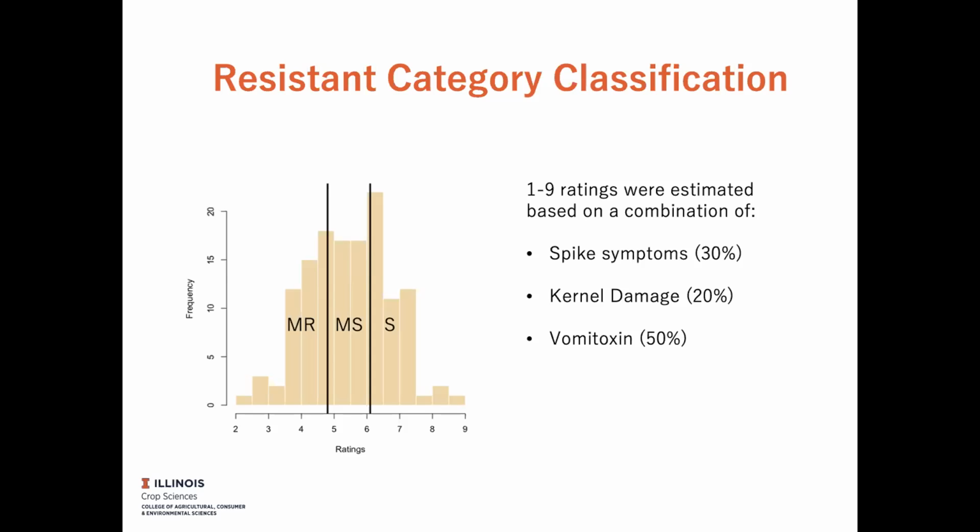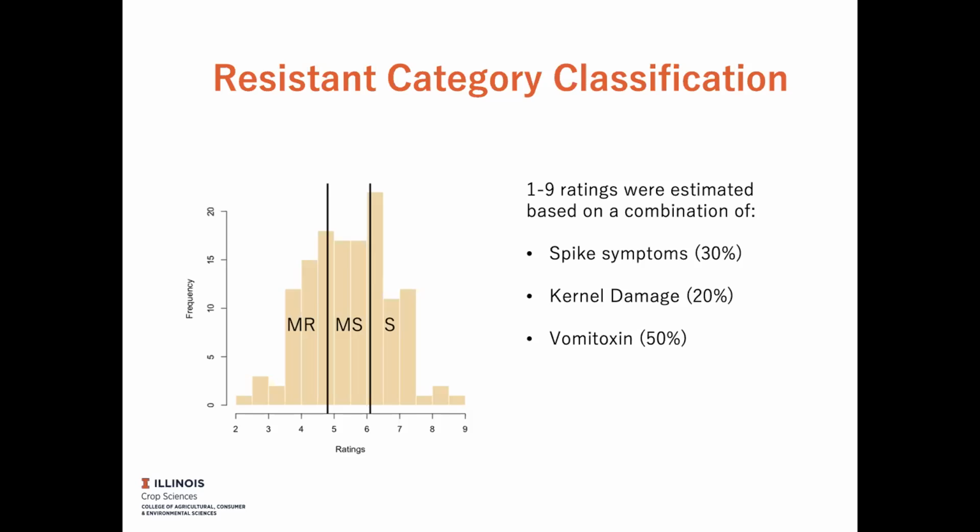In some cases, we didn't have the vomitoxin data because it takes a year to get it. By using these other traits, I can get a pretty good prediction of that level of resistance, even for vomitoxin. So I got this distribution. It's a pretty normal distribution, as we would expect for a trait like this.